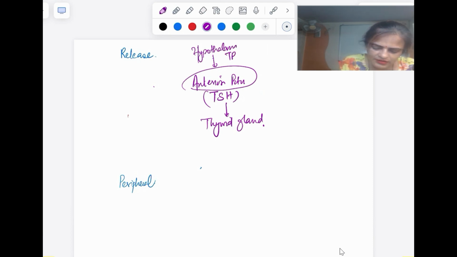Hypothalamus से क्या आएगा? Thyroid releasing hormone. This is going to act on the anterior pituitary.